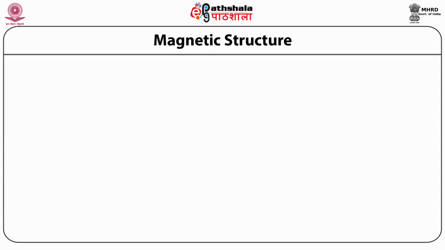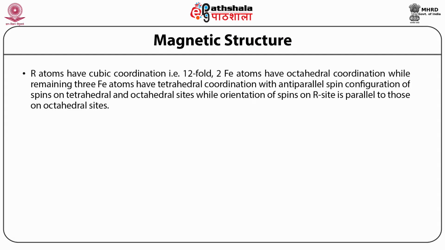Magnetic structure of garnets. In this structure, our atoms have cubic coordination, that is 12-fold.